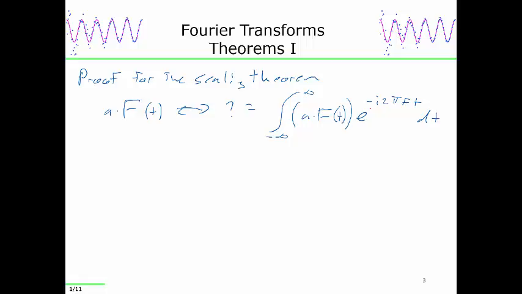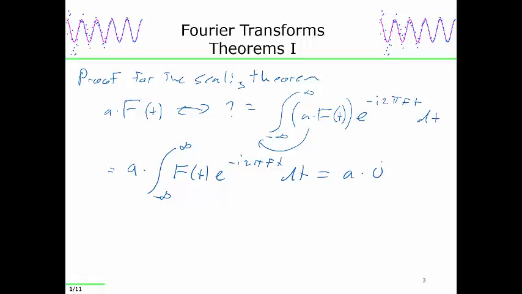So if this is the Fourier transform, you can easily see that you can pull the constant out of the integral. Right? That's my proof. Pretty exciting, isn't it? There you go, we're done, right? Because then this now equals A times the integral from negative infinity to infinity of f of t e to the minus i 2 pi f t dt, which equals, by the definition of Fourier transforms, A times phi of f.